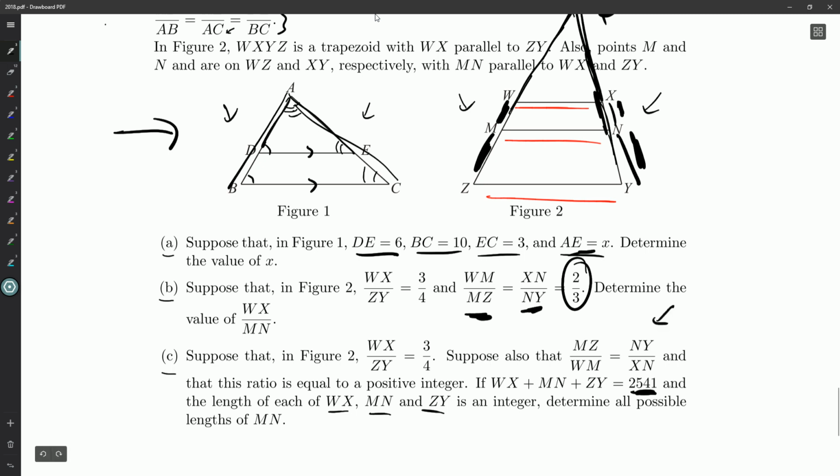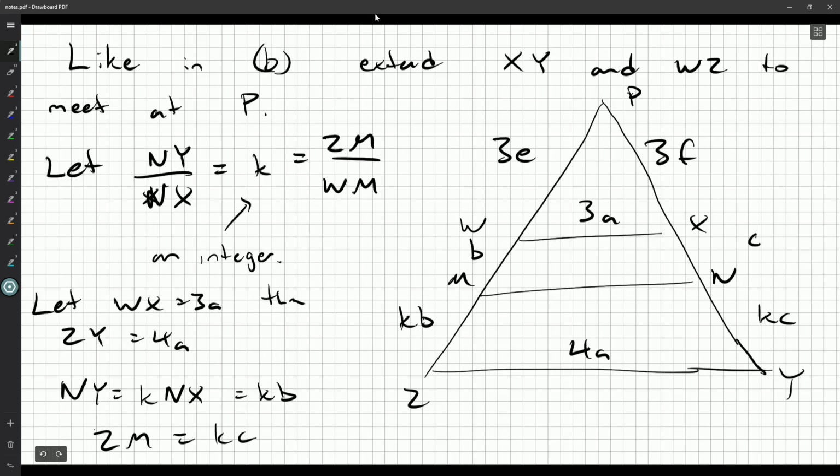Yeah, I think if we go ahead and say let WP equal 3E and XP equal 3F. Then 4E is 3E plus B plus KB.